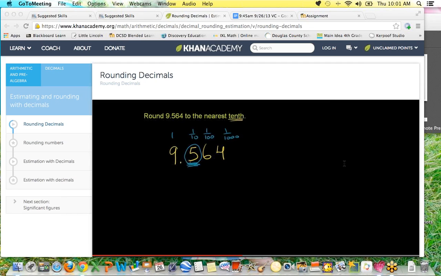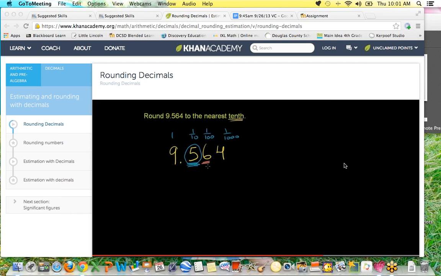So if we round up, this will be 9.6. If we round down, this will be 9.5. And just like regular rounding, when we're not dealing with decimals, you look at one place to the right, and you say, is that 5 or larger? If it is, you round up.